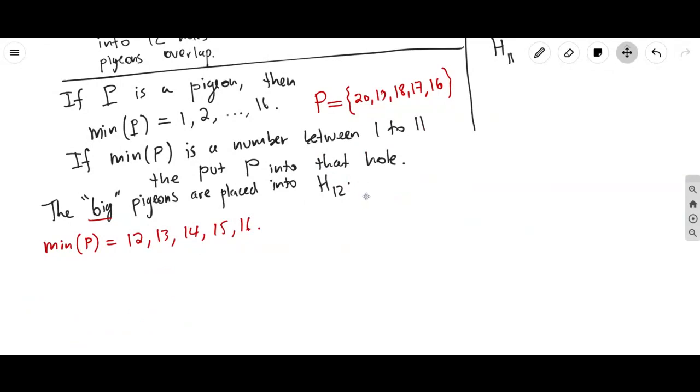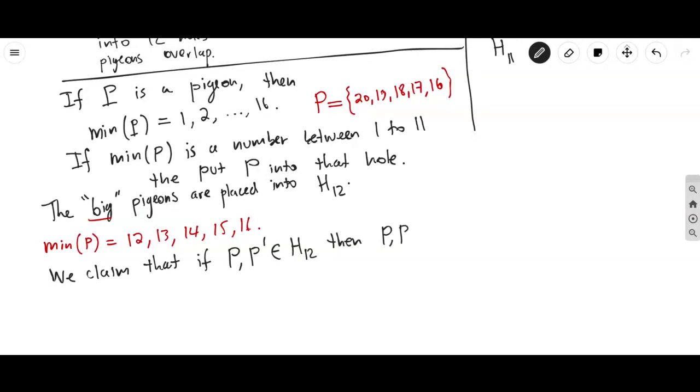Okay, and then we claim that if P and P prime are in hole number 12, then P and P prime must overlap. So why?